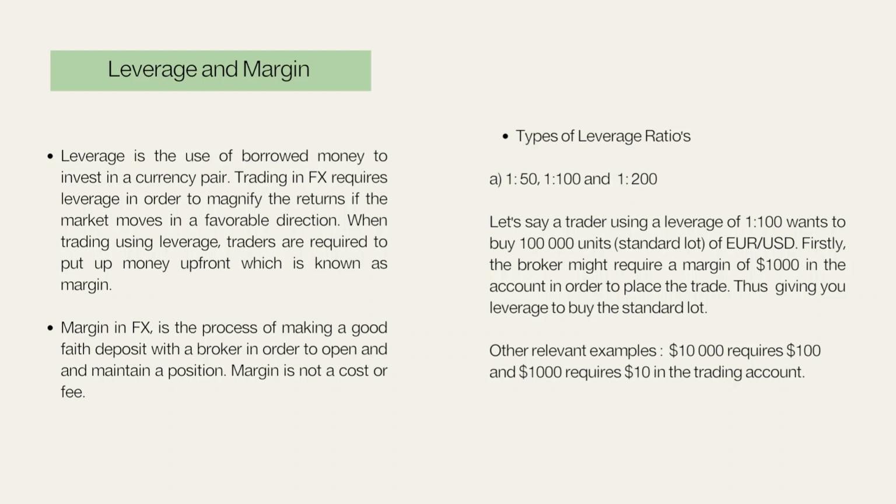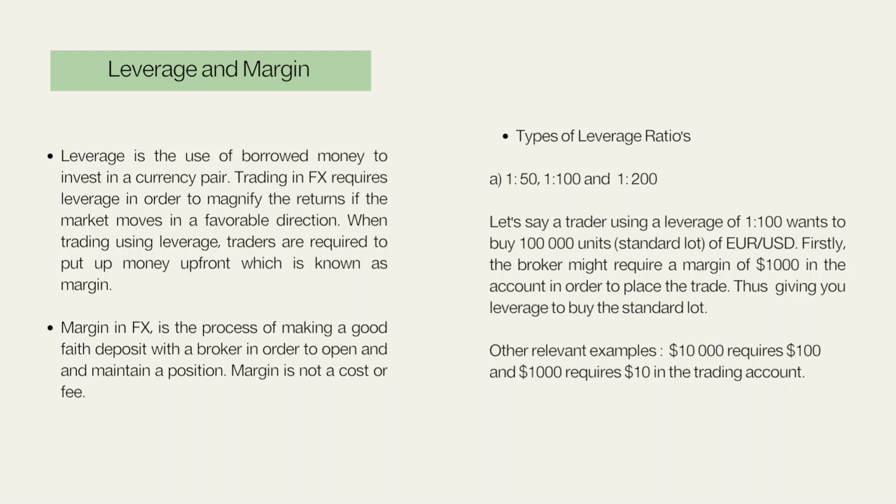Another thing to note is trading using leverage is not free. Thus, the broker requires you to put down money upfront, known as margin. Let's say the exchange rate for US dollar to Australian dollar is that $1 is buying 68 cents of Australian dollars.